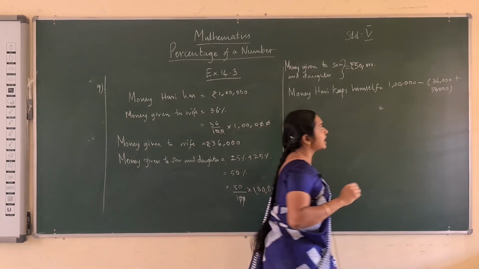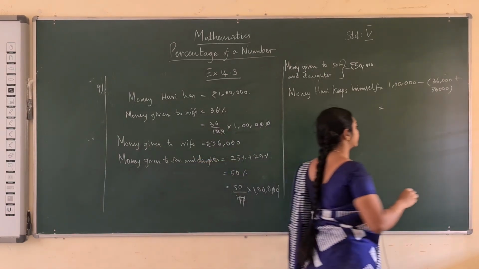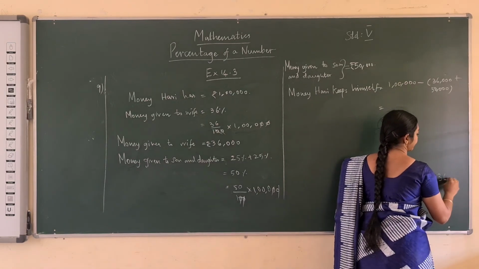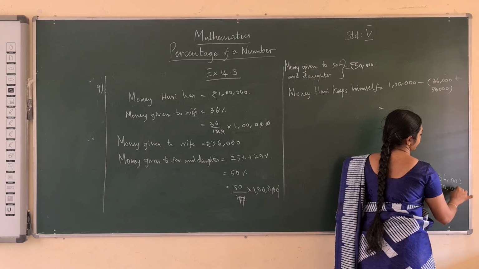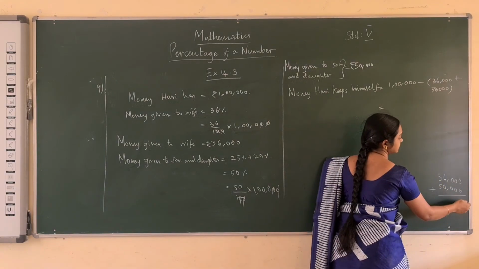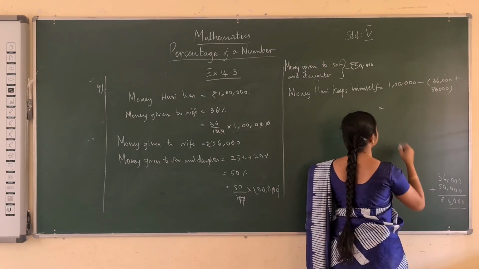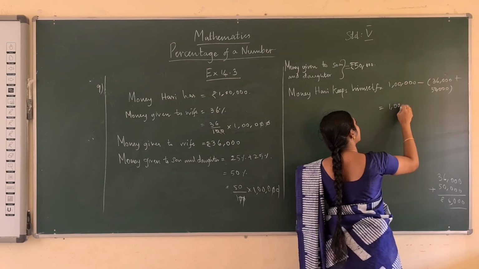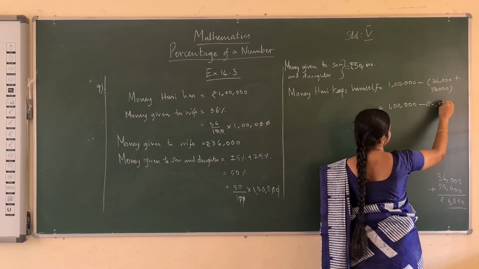First step is we have to add 36,000 and 50,000. Add 0, 0, 0, 6, 5 plus 3 is 8. So it is 86,000. Now 1 lakh minus 86,000.